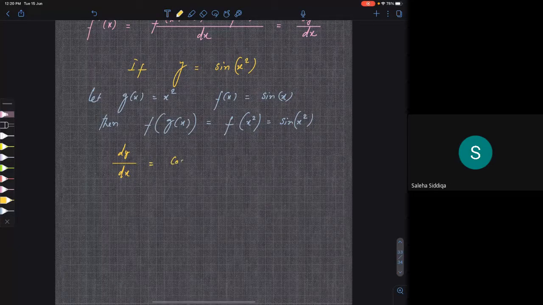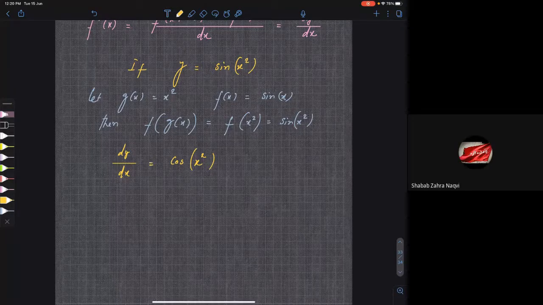So I'll write cos of, now we don't have x here, we have x square, so I'll write x square as it was. In place of x there was something else, so you take the derivative of that and multiply. I take the derivative of x square, which is 2x, I multiply and I get the derivative. This is called chain rule. I'll give you one more example.